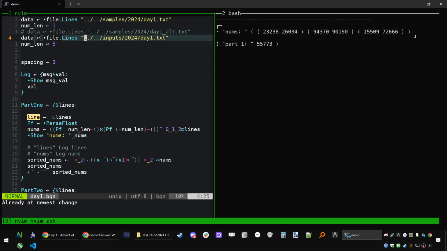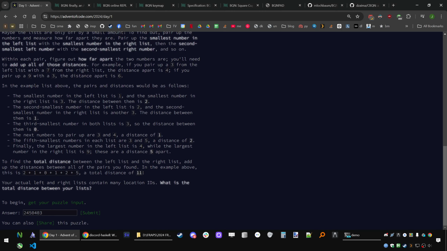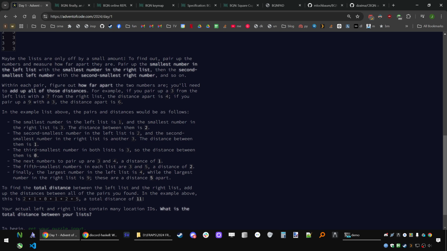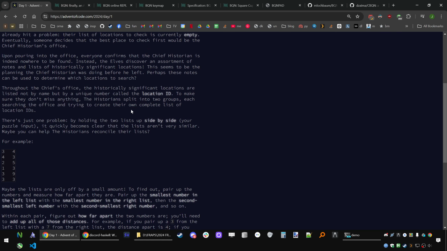So what would the sample not be for d to the L 11? They contain many location IDs. Oh, is there? Are they only one digits or something?